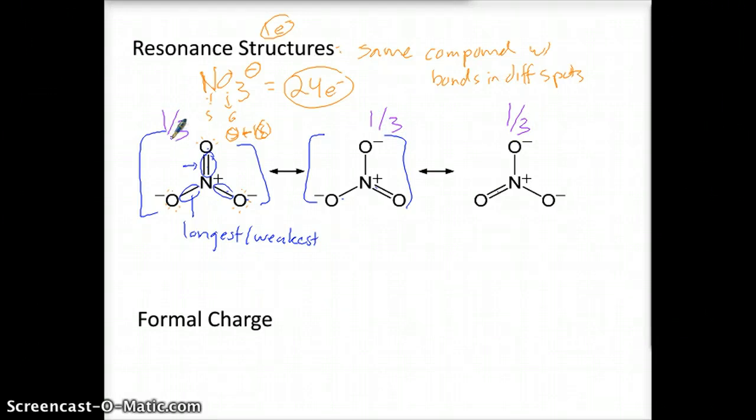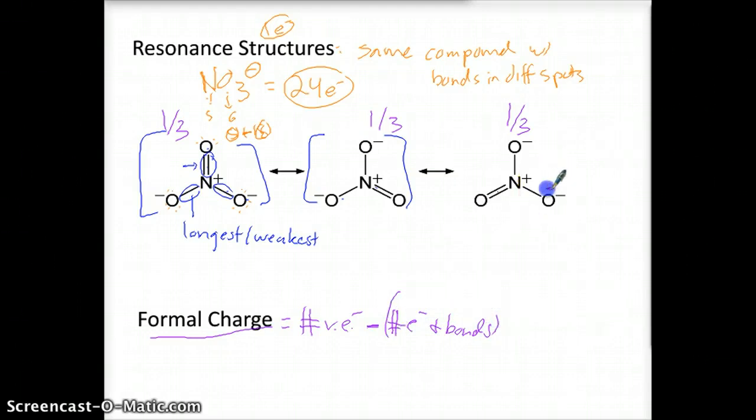We can prove that they're all equally energetic by calculating something called the formal charge. Formal charge is the number of valence electrons the atom should have minus the number of electrons in bonds around it. So for example, we calculate the formal charge on atoms.